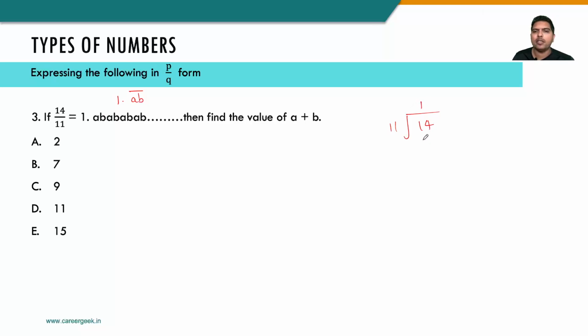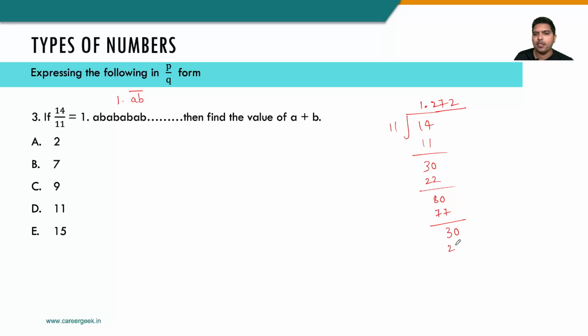11 ones, 11. We have 3. This doesn't go, so we'll need a decimal. So 0 comes here. So this goes 2 times. 11 twos are 22. Then 8, 1 0 comes. Then 7. Yeah, 77. Then 3 comes, 0. Again 2.